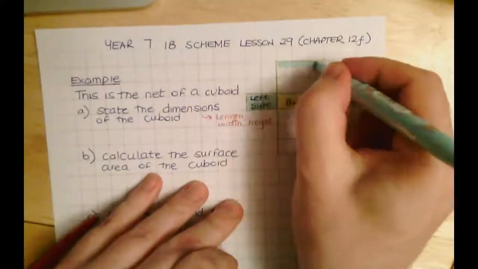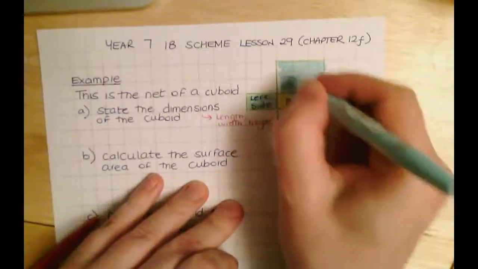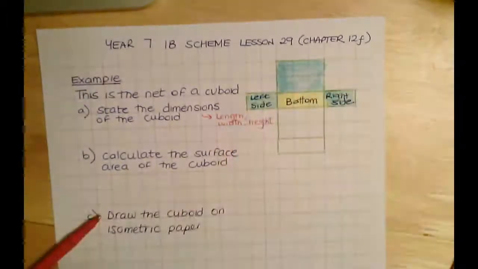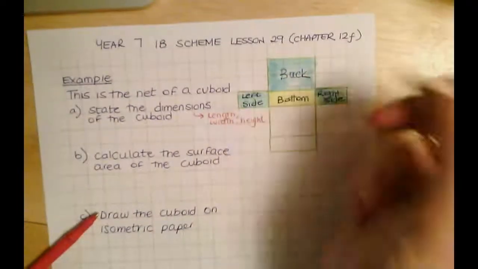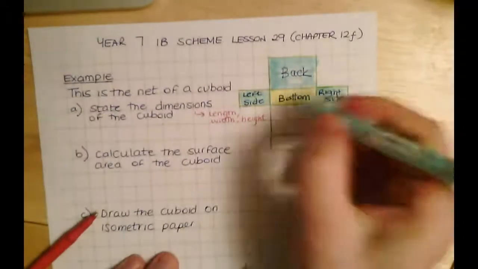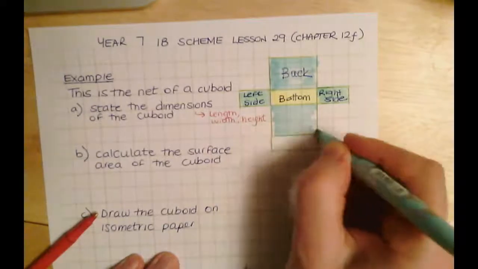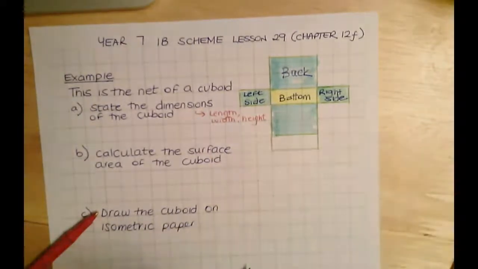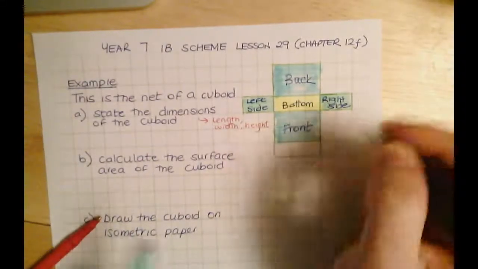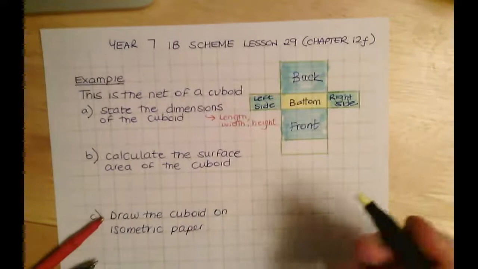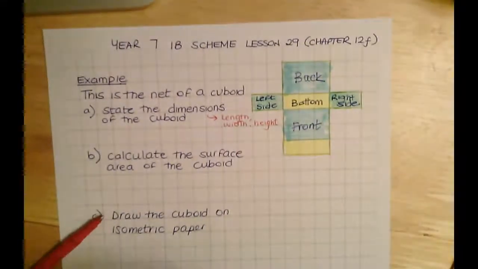This part here, that bit there is going to be the back of the shape, which means this bit here is going to be the front, which means this part here must be the top of the shape.